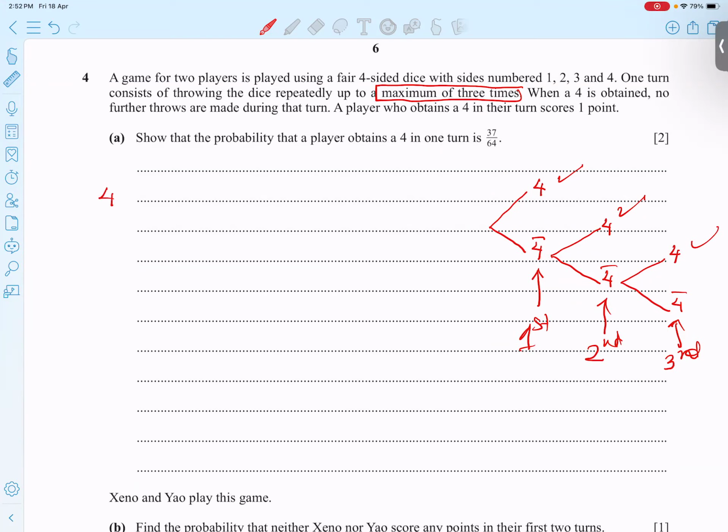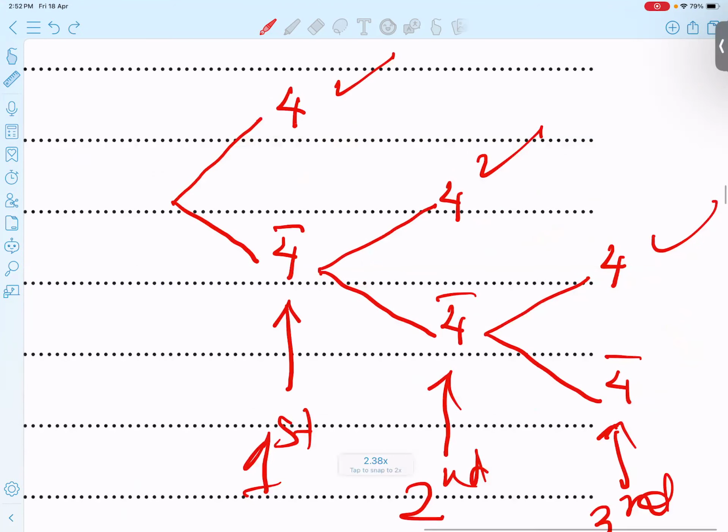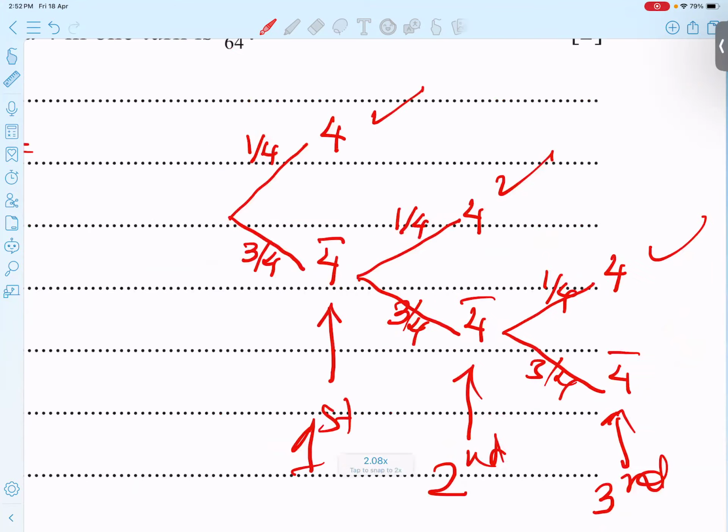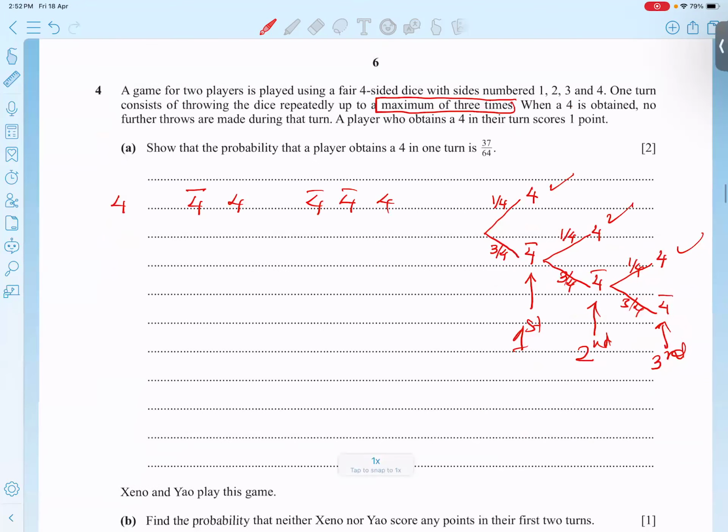You get a 4 first time, or not 4 then 4, or not 4, not 4, and 4. The chance of 4 is 1 out of 4, because you know it very well. Here I'm writing probability 1 out of 4, and here 3 out of 4. So I think the planning is very clear.